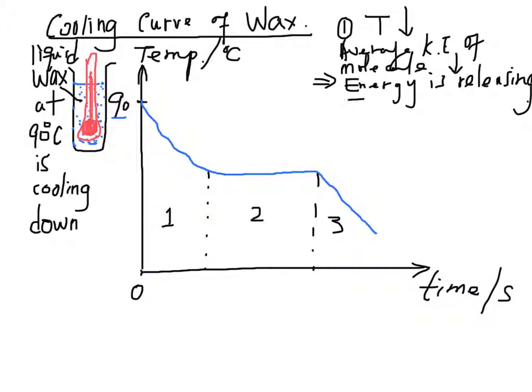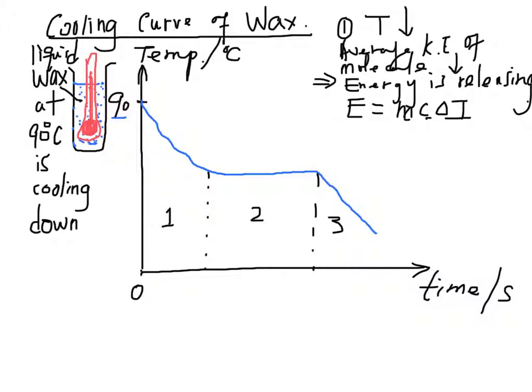And the energy released can be found by the equation mc delta T, where m is the mass of the wax, c is the specific heat capacity of wax, and delta T is the temperature drop.